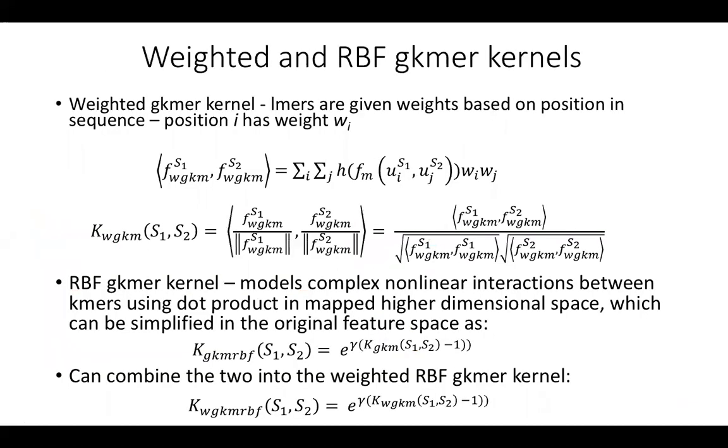In this slide, I'll talk about other commonly used SVM kernels used for genome sequence classification. The first is the weighted gkmer kernel, which is simply a generalization of the gkmer kernel.